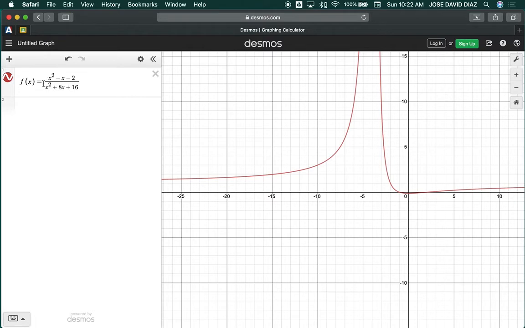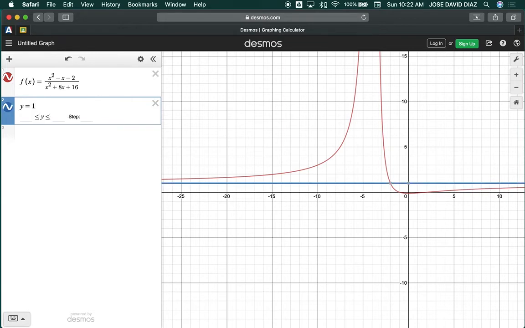So the same rule applies. The degrees are the same. If I do y equal to 1, that's your horizontal asymptote. But then it does cross it. Your book has some examples on some of the rules, but we're not going to cover that in class. So let's just do a quick sketch.